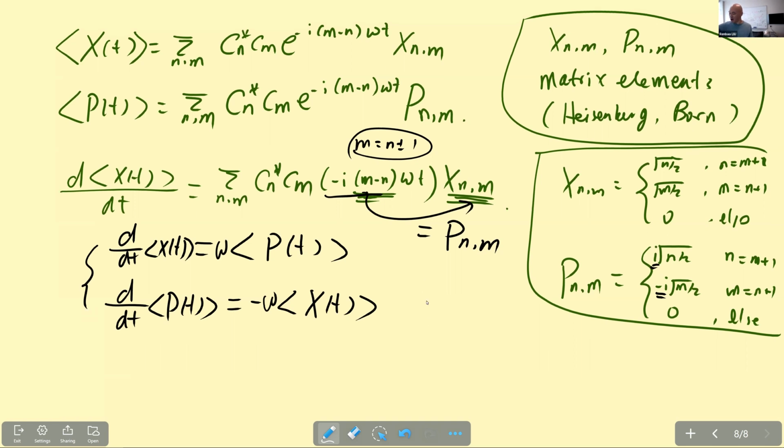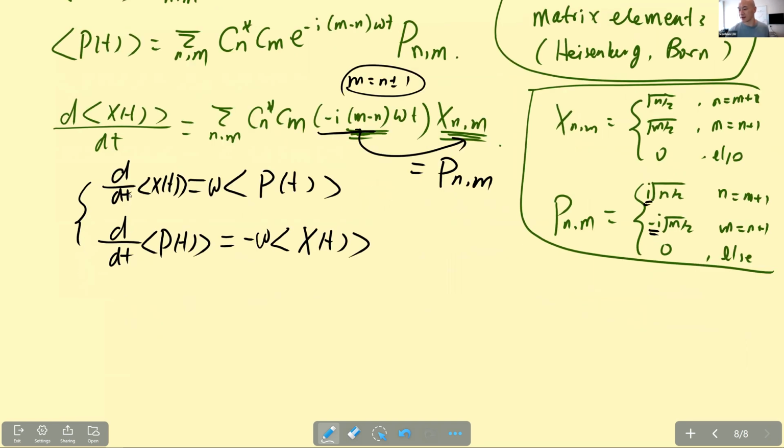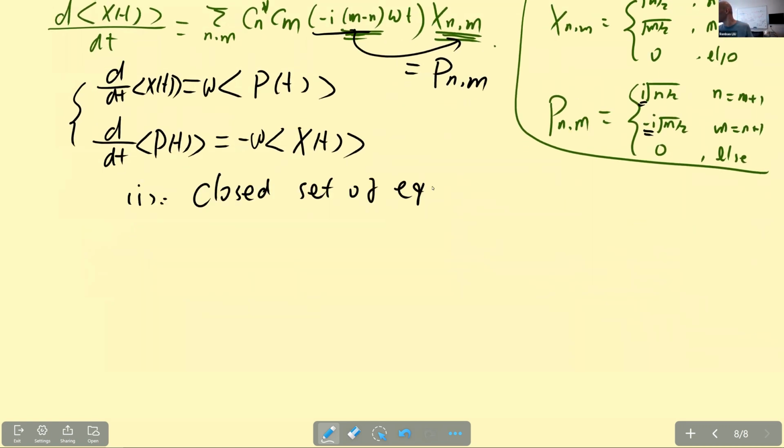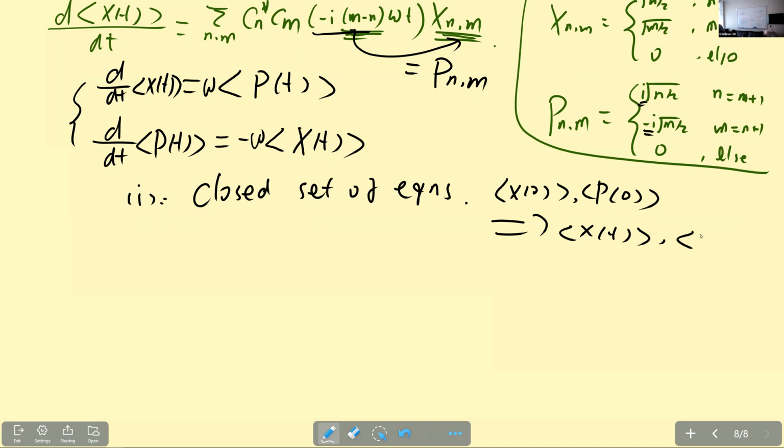So this is quite remarkable, right? It's a closed set of equations, just like in classical mechanics. So that means if you know the initial values of these expectation values, then all the later times will be determined.